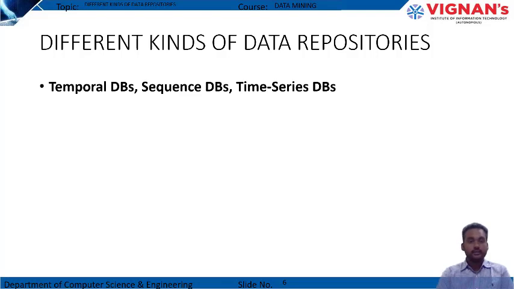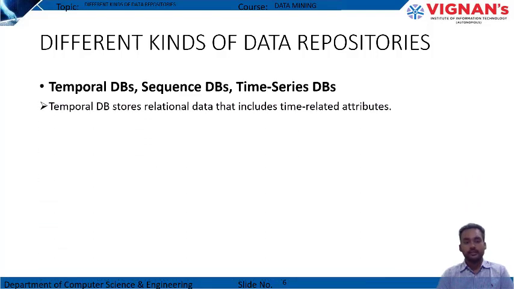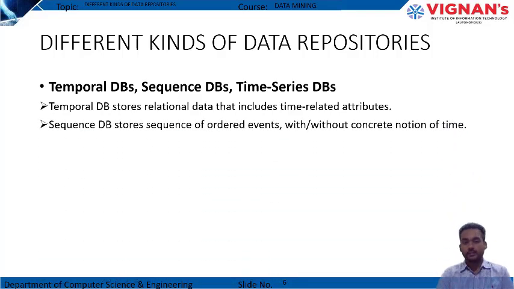The next ones we have here are temporal databases, sequence databases, and time series databases. Temporal databases are again relational databases, but this time around data is stored in terms of time related attributes. Sequence databases store information in some sort of order, but they do not have any concrete notion of time.